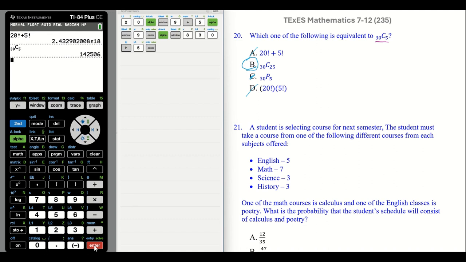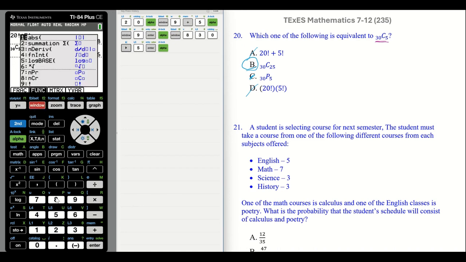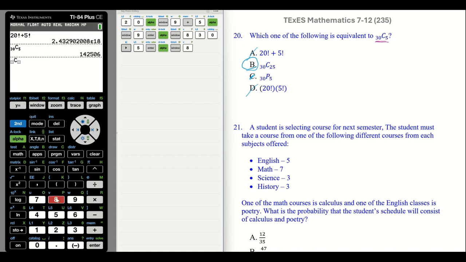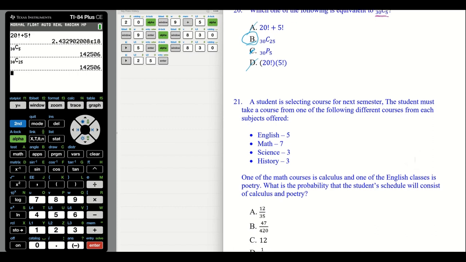No. Well, let's try B. Alpha, window, 8, and that's 30 and 25. Okay, 25 of the 30, 25 possibilities. Let's see what we have. And they're the same. Trust me, the other two are not equivalent. They just simply won't be.